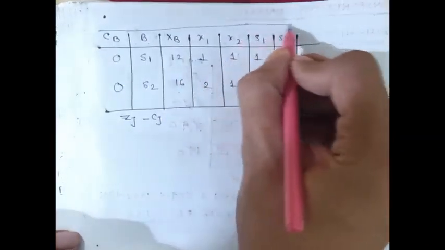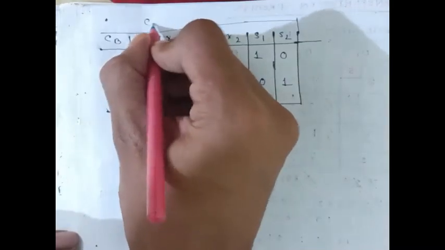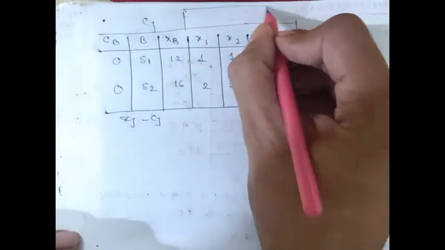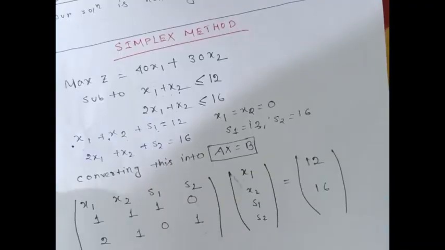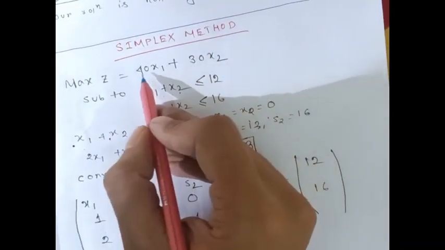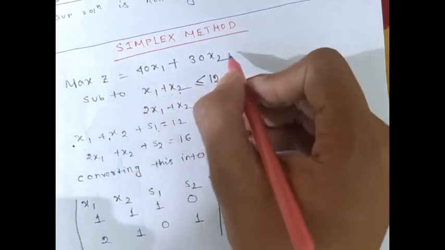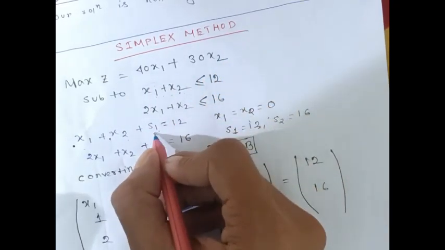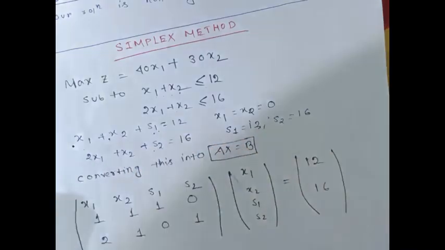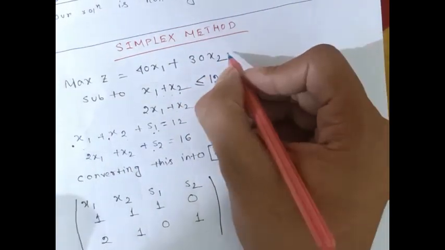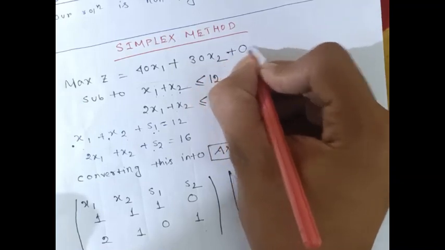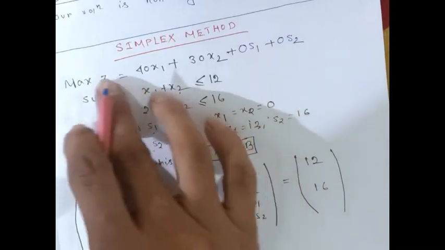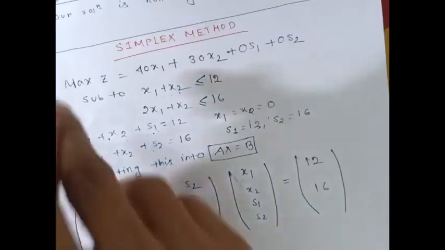The objective is 40x1 plus 30x2, and since we have introduced s1 and s2, we have to add 0 s1 plus 0 s2 here. So this is the process.